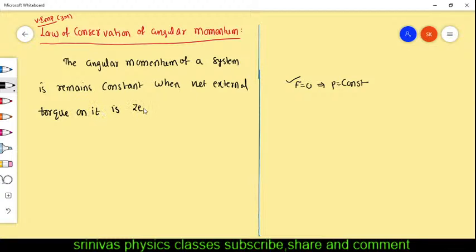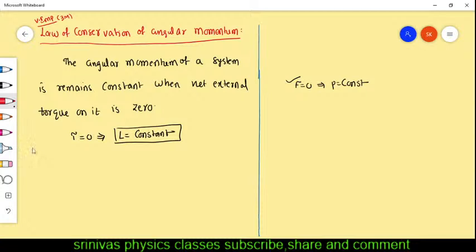Right? This is the statement of the law of conservation of angular momentum. What we are saying here is, when external torque is zero, torque is denoted with tau. Torque is a rotating force; if it is zero, then angular momentum, capital L, remains constant. This is the statement.